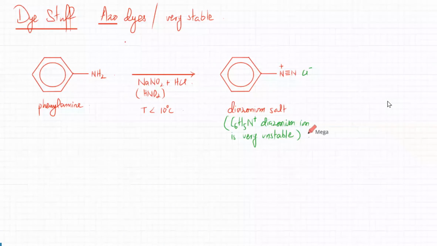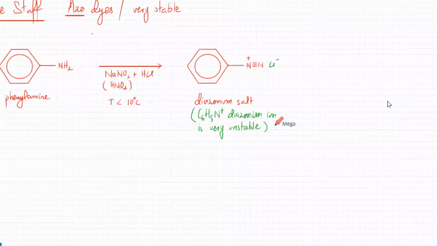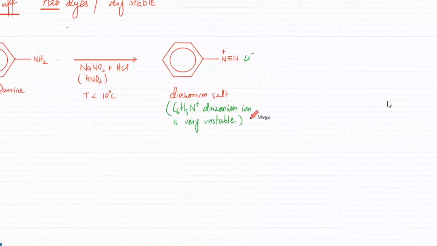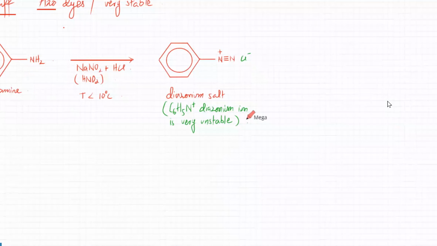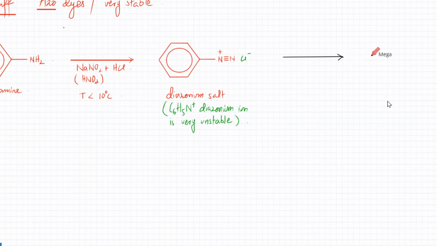What happens is, if the temperature goes above 10, it decomposes. This ion does not form. So you should not increase the temperature above 10.